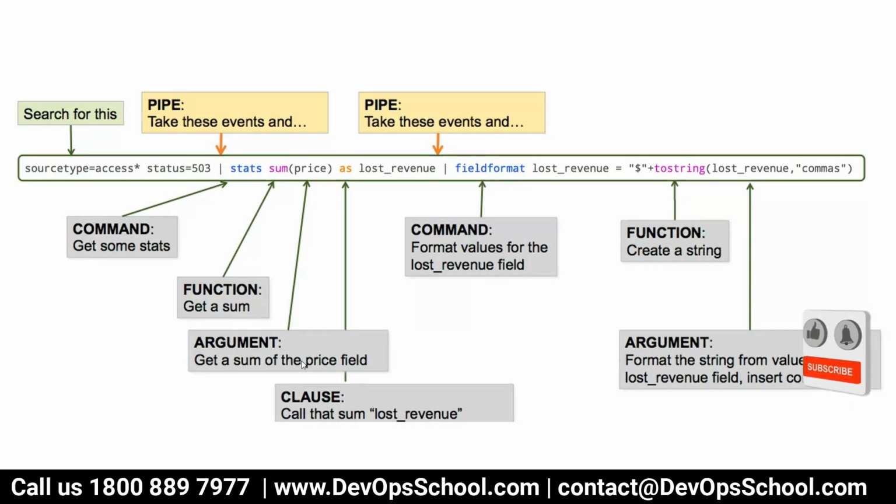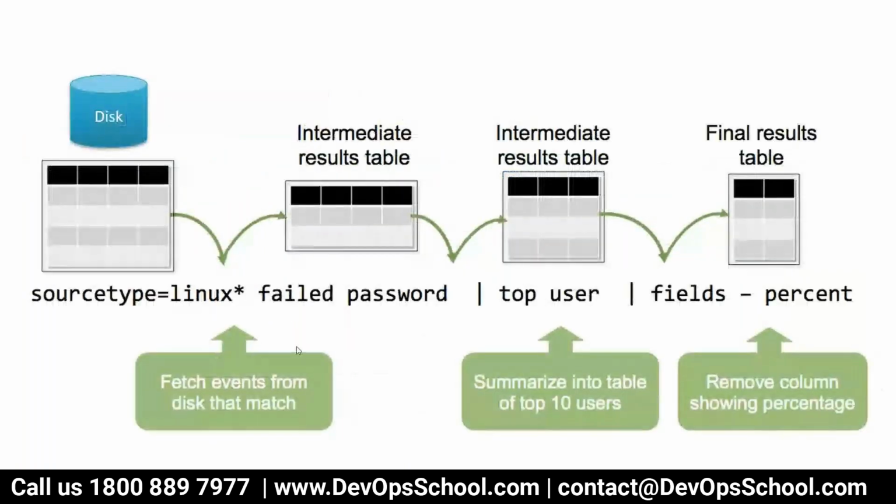So there are two fields, sourcetype and status. Here if you notice carefully, a wildcard has been used. That means any sourcetype starting with access and ending with anything, but status code should be 503. Filter it. So can we filter it? Yes, you can.